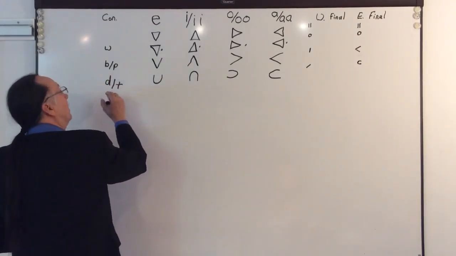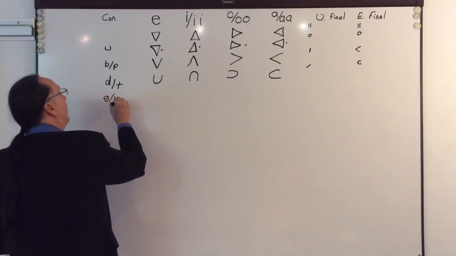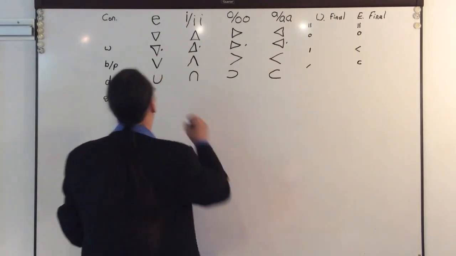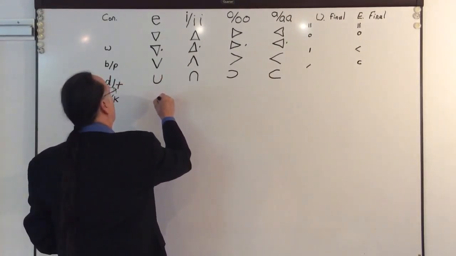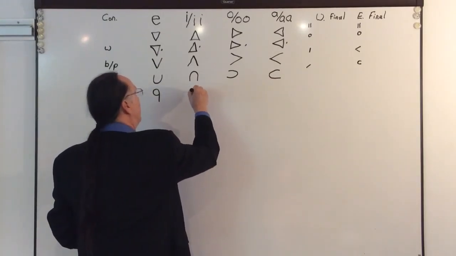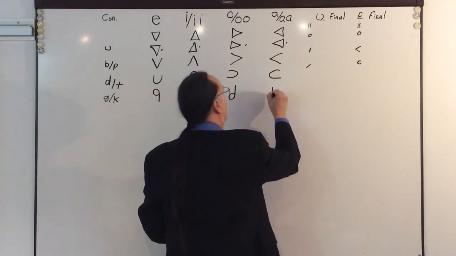The next symbol is going to be G and K. G, K. Ge, Gi, Go, Ga.